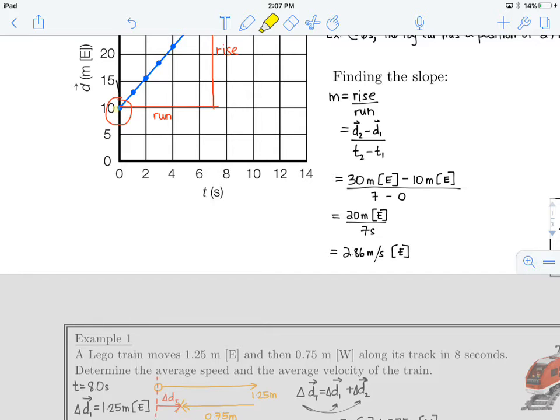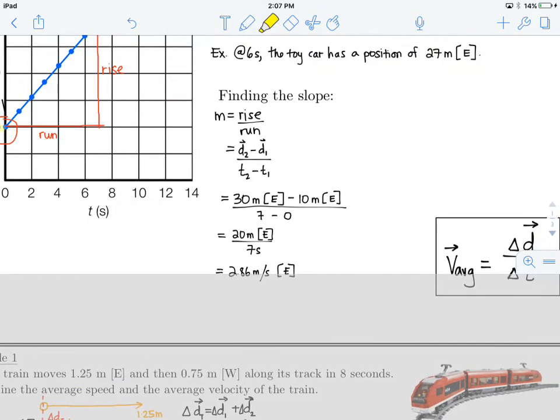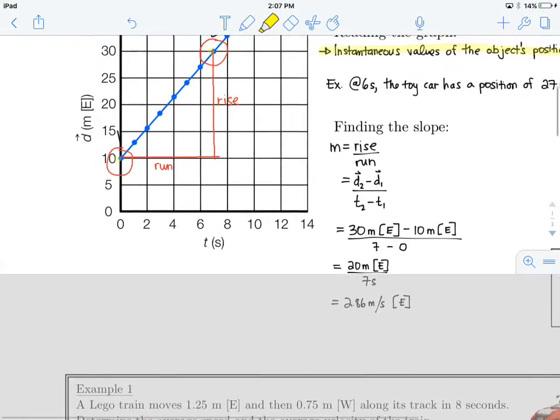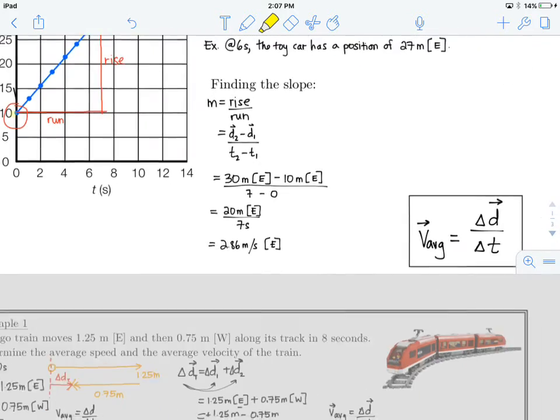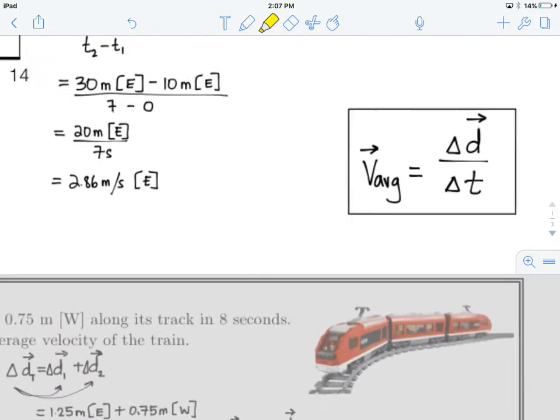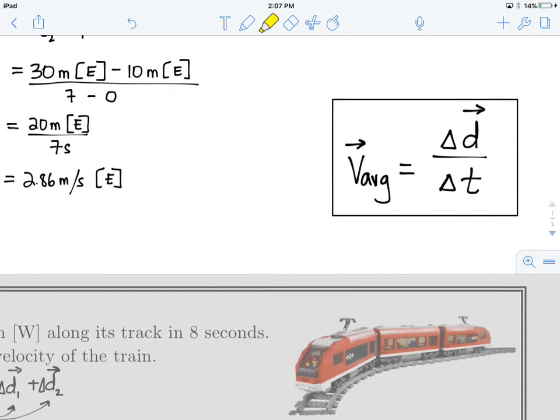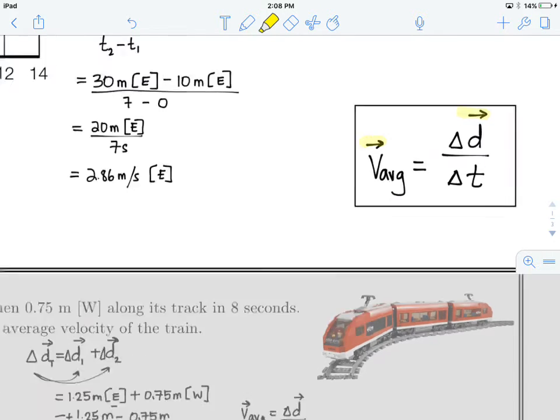Now, meters per second, that's distance per time, that kind of gives us a hint as to what the slope of a displacement time graph represents, and that is the average velocity. Okay, so here you'll notice that we have vector hats, so this is a little bit different.